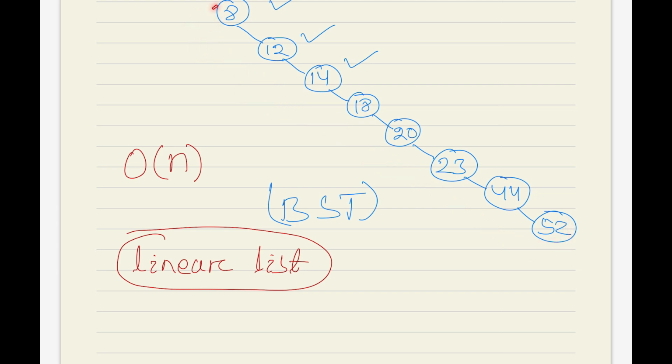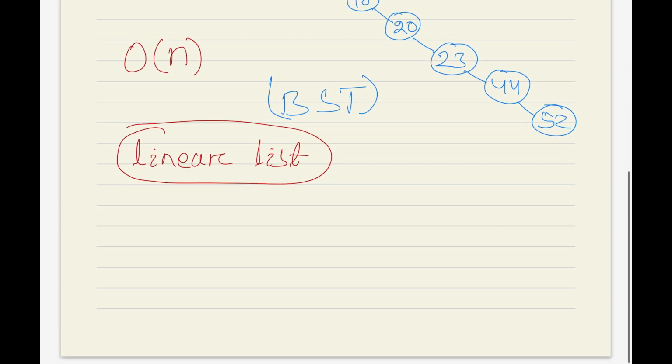The limitation in this binary search tree is that this particular binary search tree is not balanced. That is why the number of comparisons is order of n. While the binary search tree is simple and easy to understand, it has a major problem, that it is not balanced.